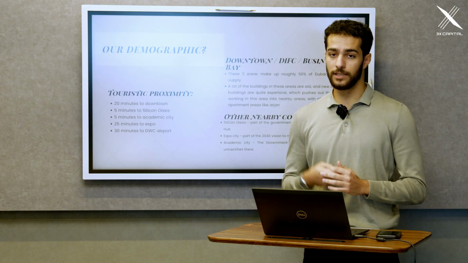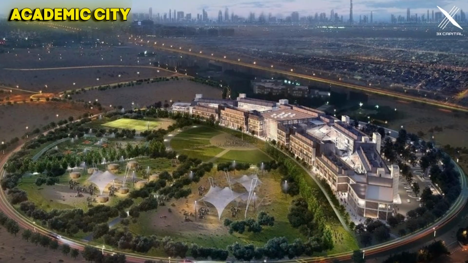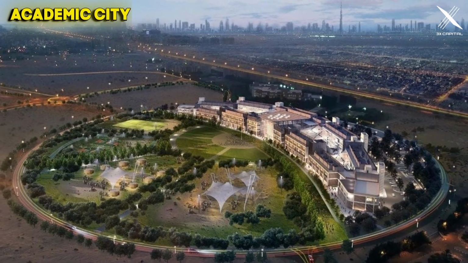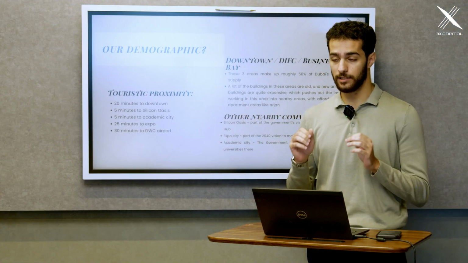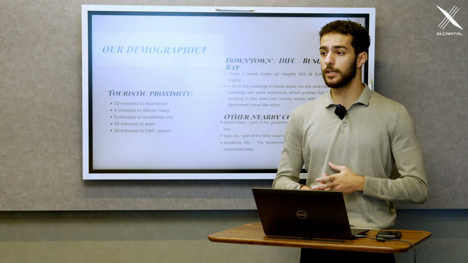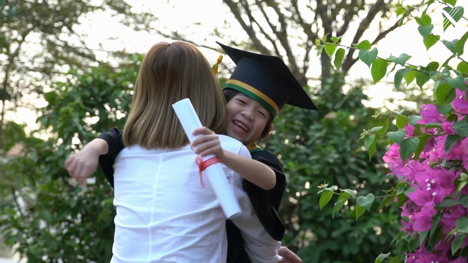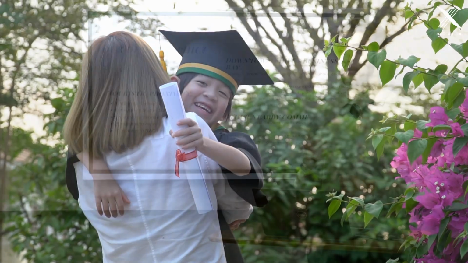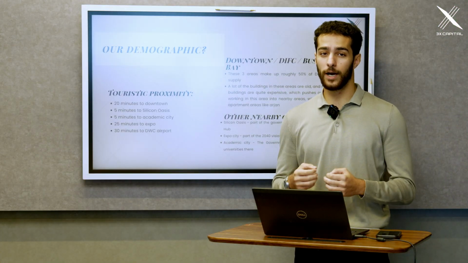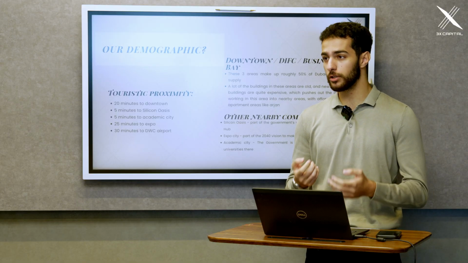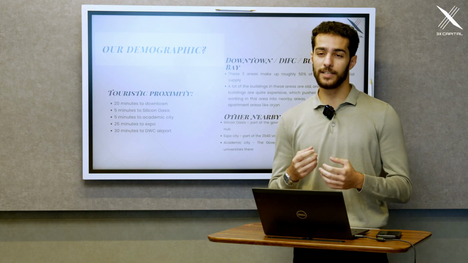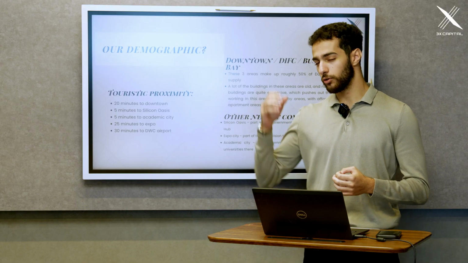Our third main demographic is Academic City. The government is spending a lot of money in Academic City. This is where universities and other schooling facilities are. As someone who grew up in Dubai, I know that universities here are quite lacking, to be honest, because the majority of the time when students finish high school, they go abroad to do their university studies.